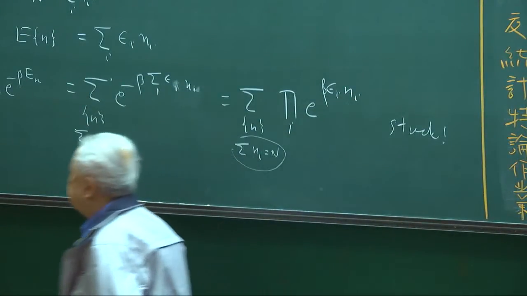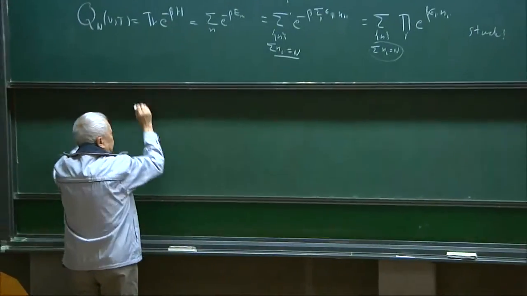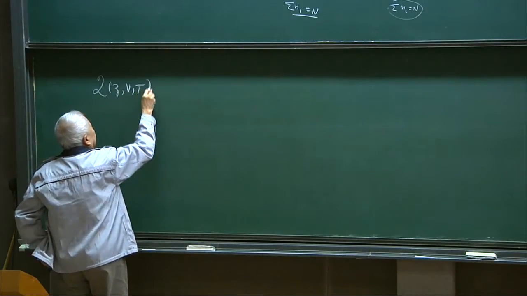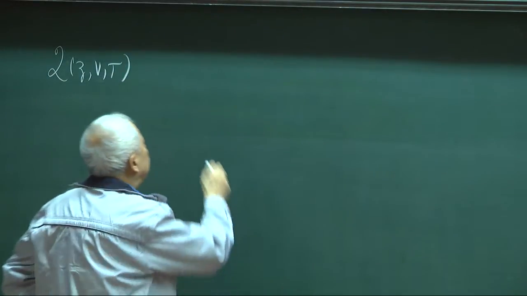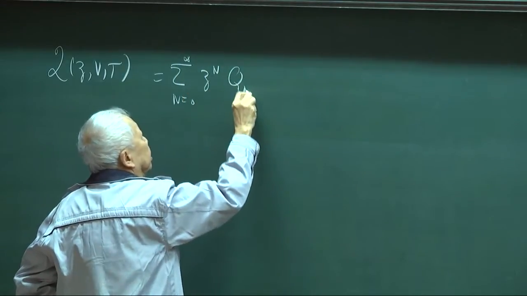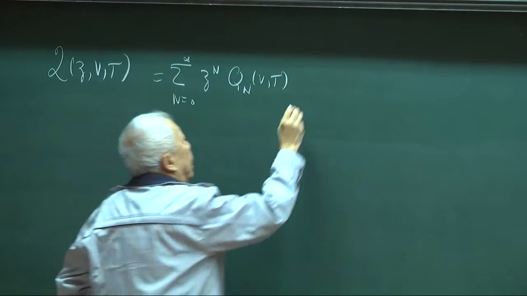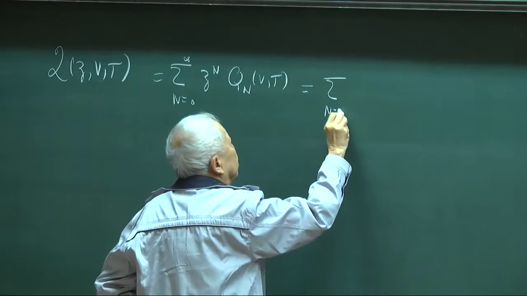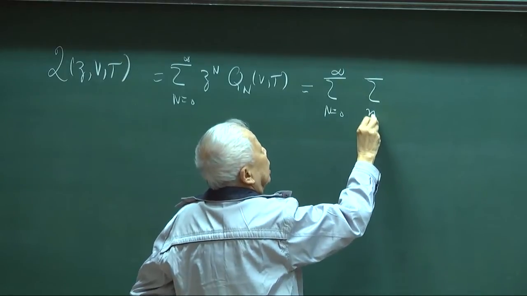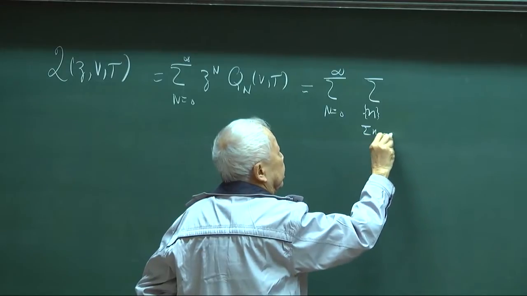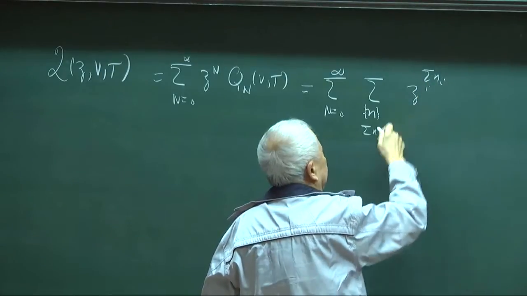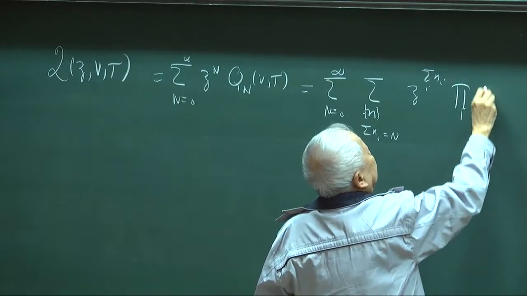So we compute the grand partition function. The grand partition function Q of z, V, and T. Now N is no longer a fixed variable, we sum over all N, z to the N power, this is the fugacity, times Q_N of V and T. And now I can write this as the sum over N to infinity, and I write the Q, sum over the set N, subject to the condition summation N_i equal to N, times z to the summation of N_i, instead of N, I write z to the summation of N_i, because the summation of N_i is equal to N, times the product over i of e to the minus beta epsilon_i N_i.